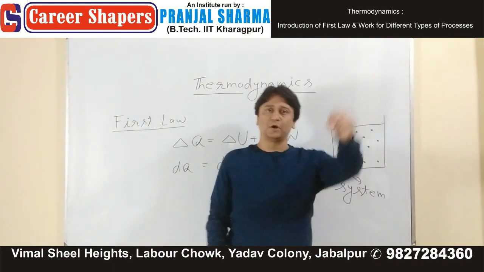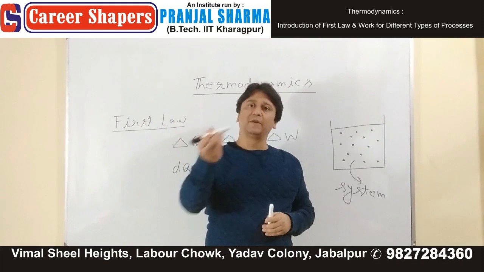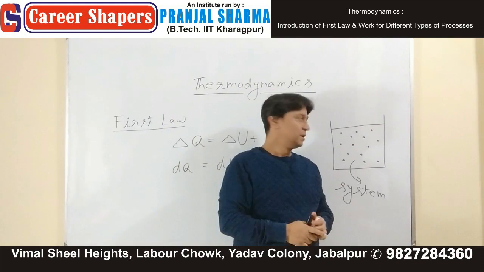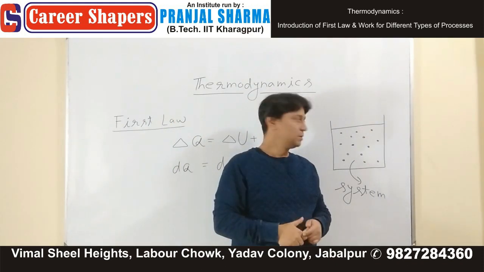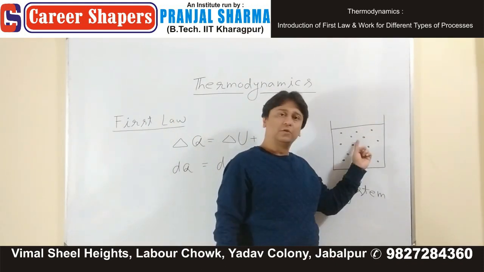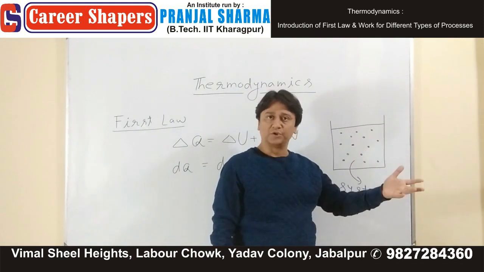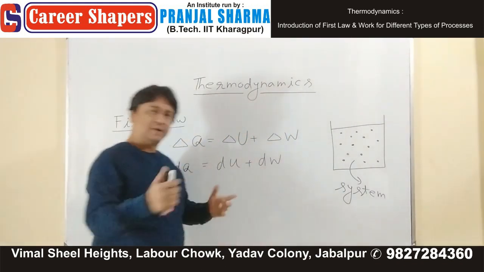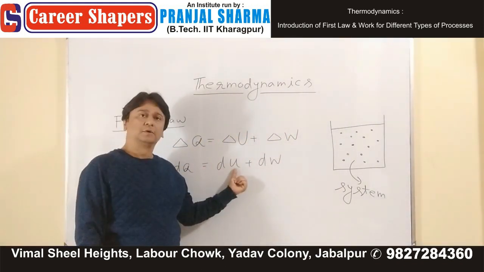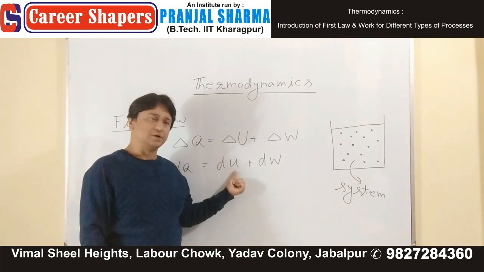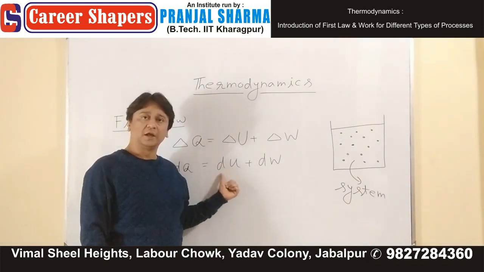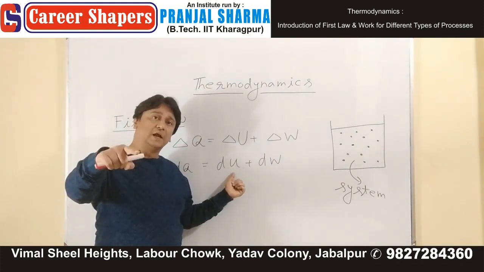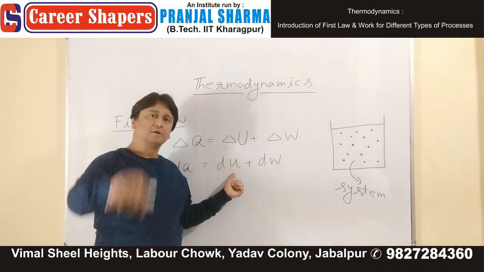All the molecules which are moving and rotating will have kinetic energy, translatory and rotational, depending on their configuration. And they also have potential energy. The sum of this kinetic and potential is U, internal energy. So du is the change in that internal energy.